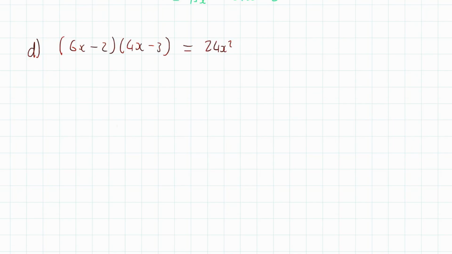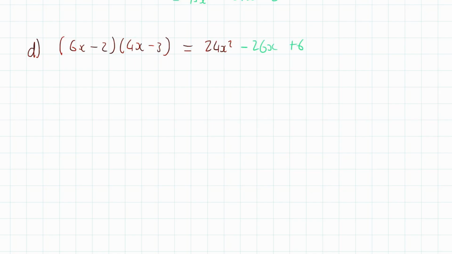And then what I do to save myself a little bit of time here, I know that I can get an x term by timesing this and this, which is negative 18x, and then by timesing this and this, which is negative 8x. So I can just add them straight away together. So negative 18 minus 8 is negative 26x, and then my last term is going to be minus 2 times minus 3, which is positive 6.